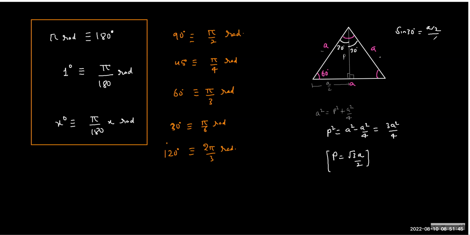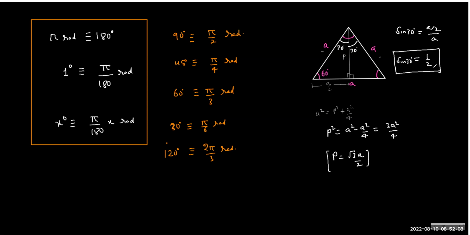A by 2 by a. Do you realize this? And therefore you can see the answer is 1 by 2. I am proving the value that sine 30 is 1 by 2. We can do it by simple geometrical construct. So sine 30 is 1 by 2.